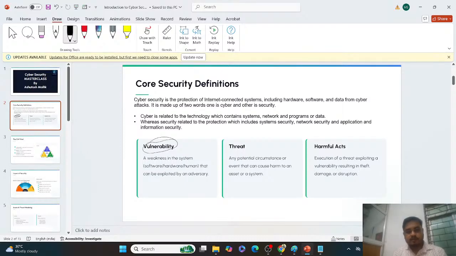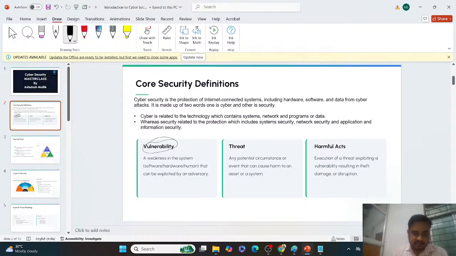Similarly, if I say why an attack happens in a system, in this case also we can say due to some external things like a virus. So what is the common thing in these two examples?